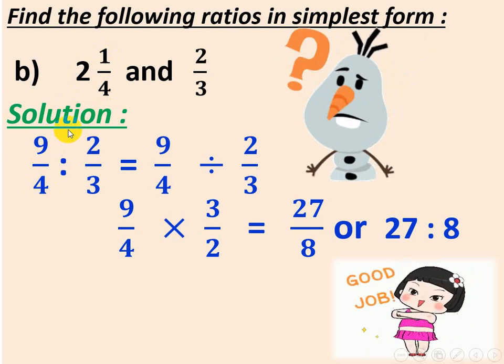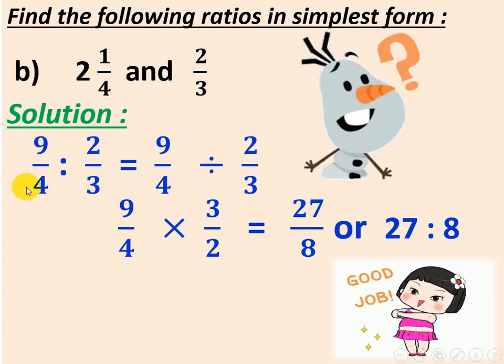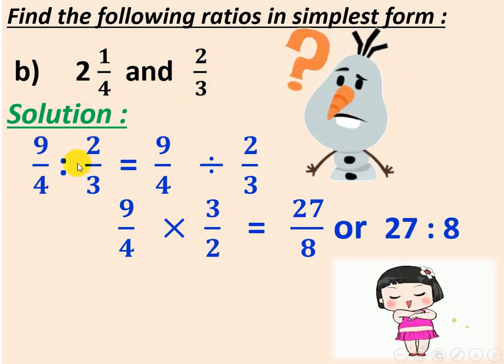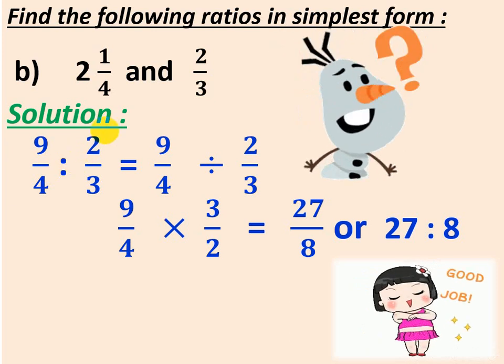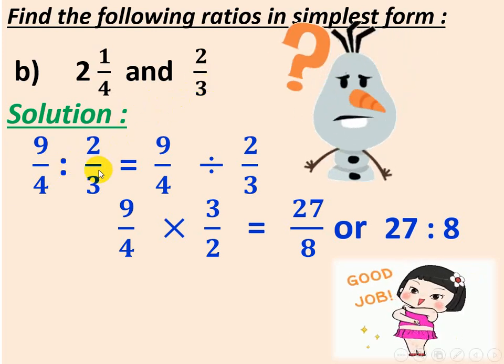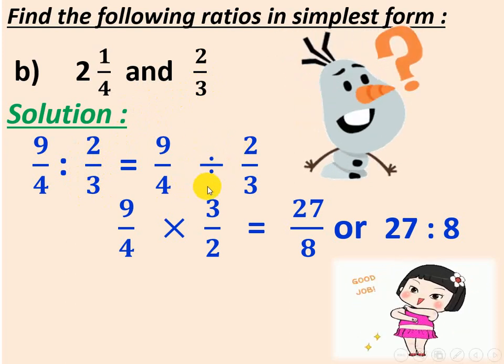We converted the mixed number into an improper fraction. And 'to', because it's a ratio, means division. Write the other fraction, 2 over 3. Remember, 'to' means divided.